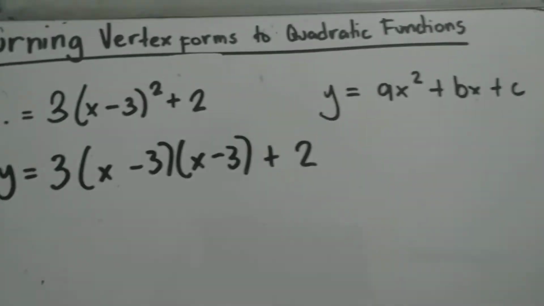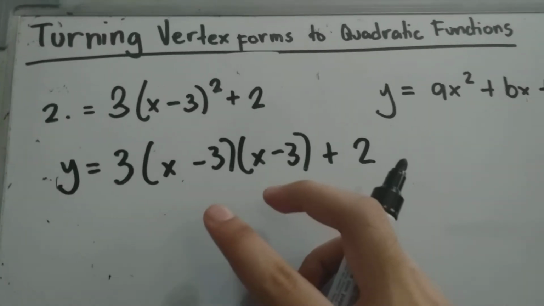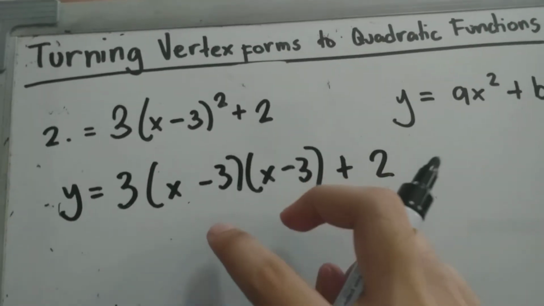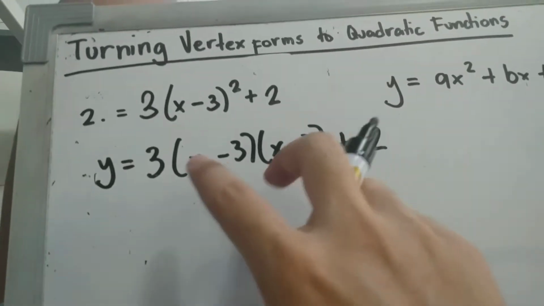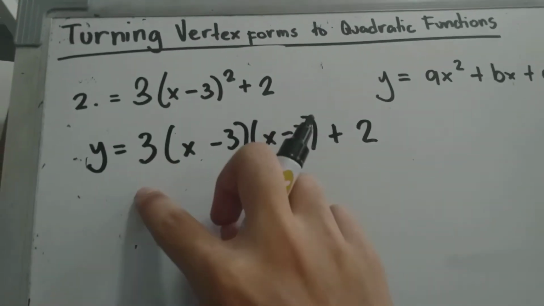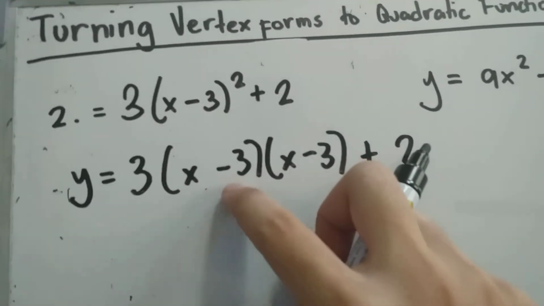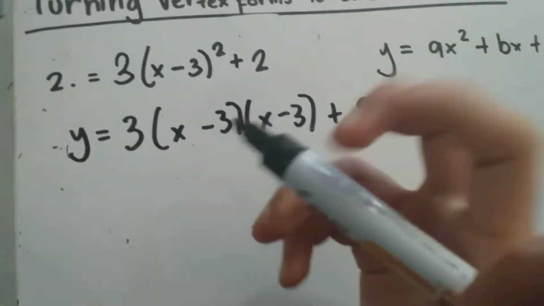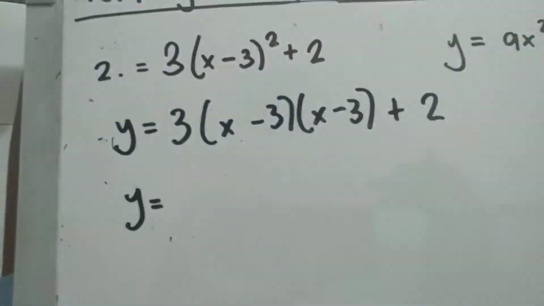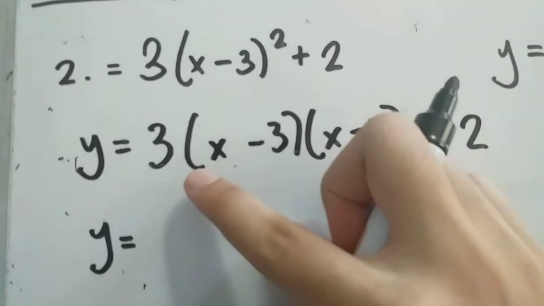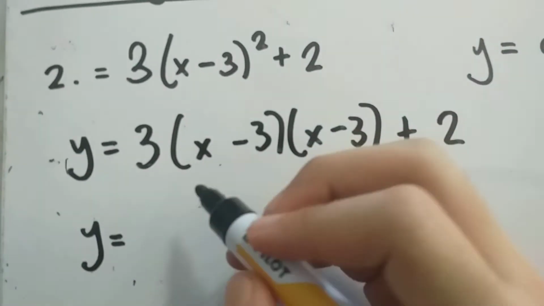Now, what if there is a number right here? In the previous example, we just FOILed this, right? But what if there is a number? If there's a number here, you have to distribute this number to the first parentheses. What do I mean by distribute? I'll show you. You distribute 3 to x minus 3, to the first parentheses.